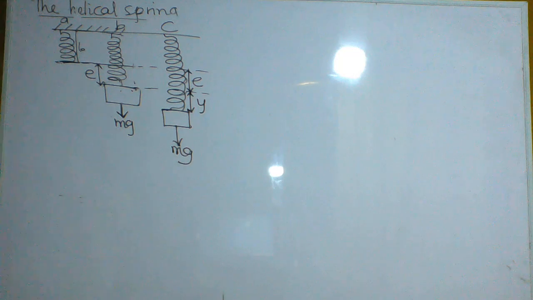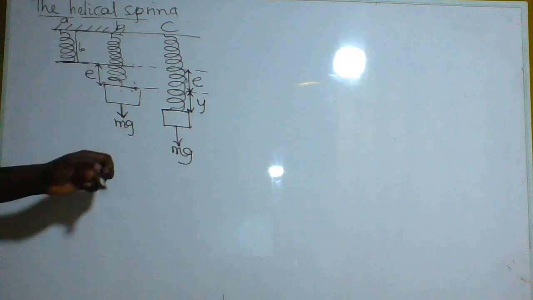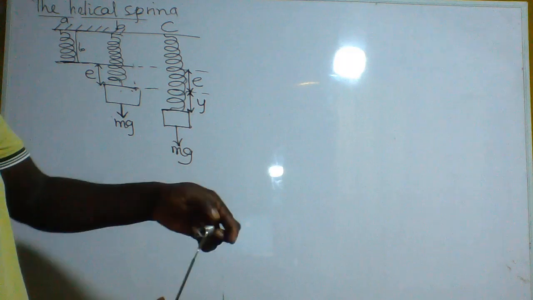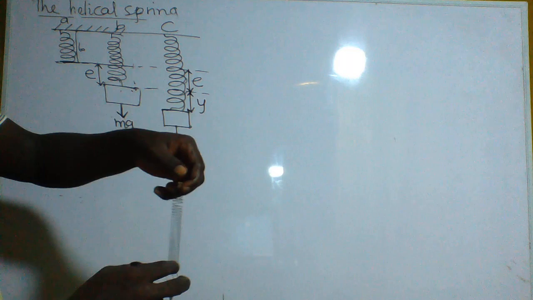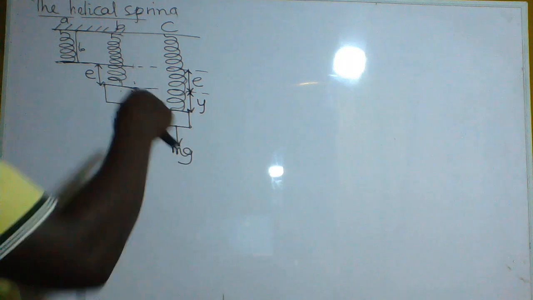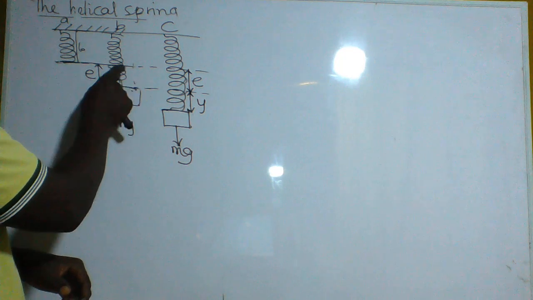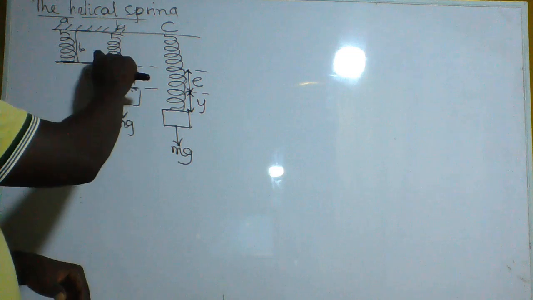Another important point we can look at is when the load is attached to the object, the weight causes an extension e. When the load is suspended on the spring, by virtue of the weight of the object, there is an extension e.